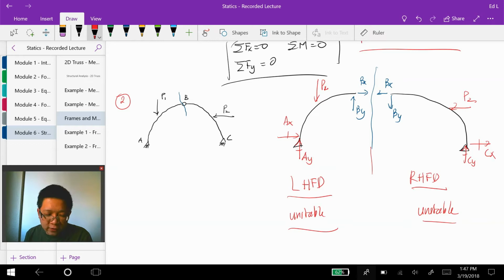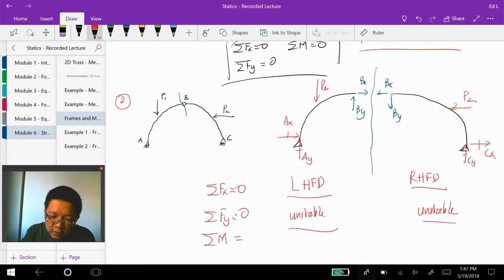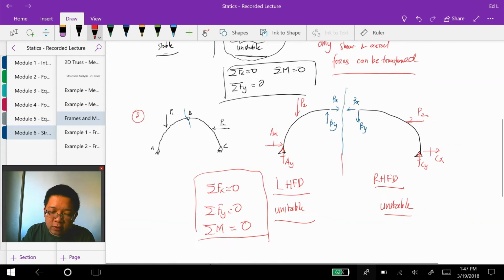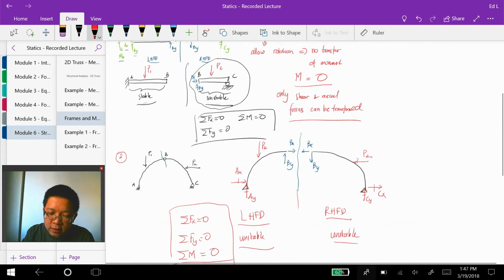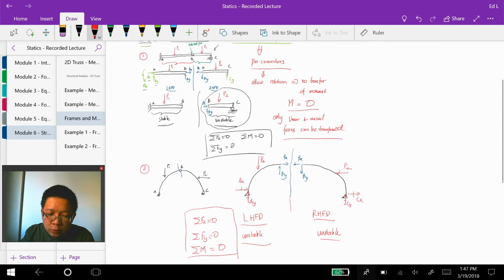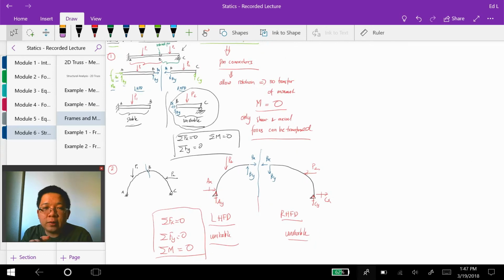And for each free body diagram here, we can write three equilibrium equations: the sum of the forces in x equal to 0, the sum of the forces in y equal to 0, and the sum of the moment at any point equal to 0. The most important concept in solving a composite structure is to make a cut where the pin connector is located.